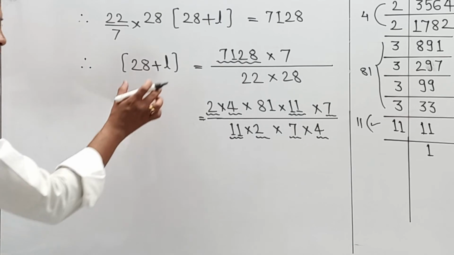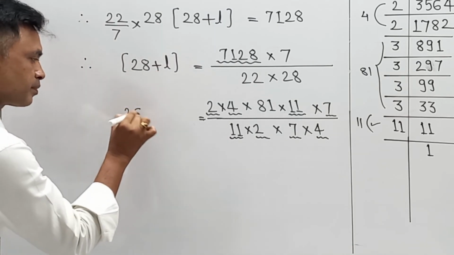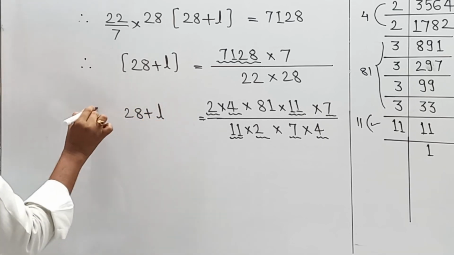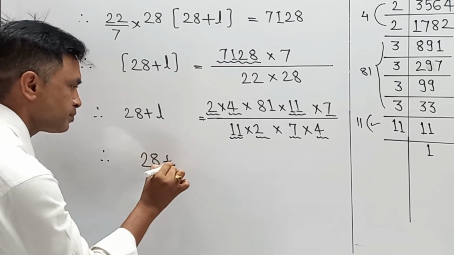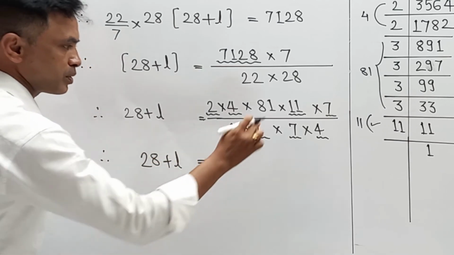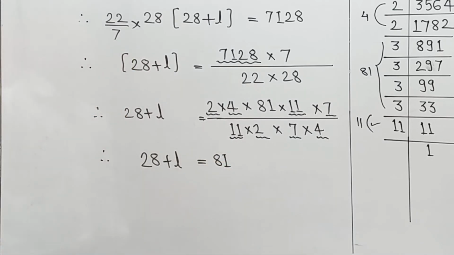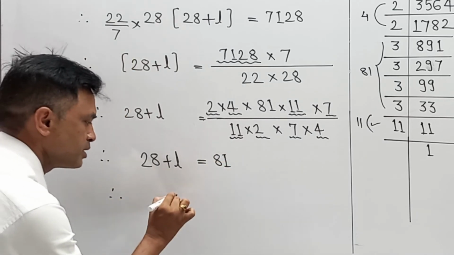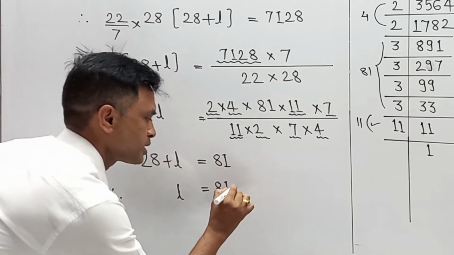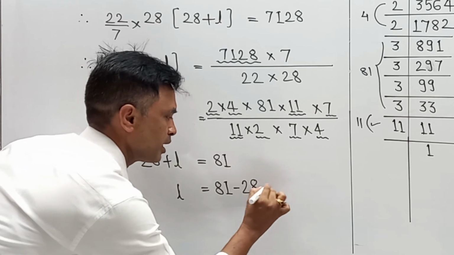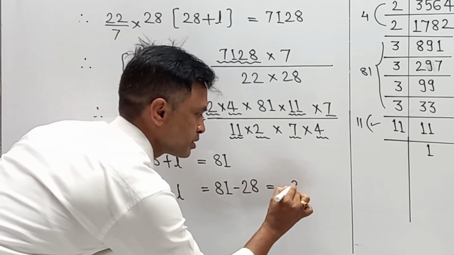Naturally, for my calculation, I get the next equation: 28 plus L is equal to the remaining number, that is 81. No doubt our calculation is still pending. So the evaluation is L is equal to 81, shifting this 28 to that side, minus 28, and the simplification is 11 minus 8 means 3.